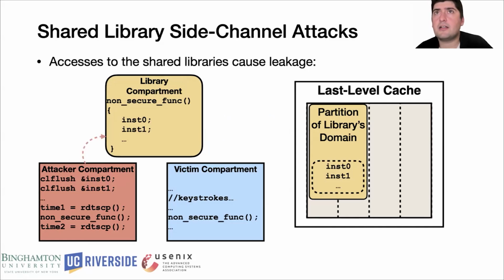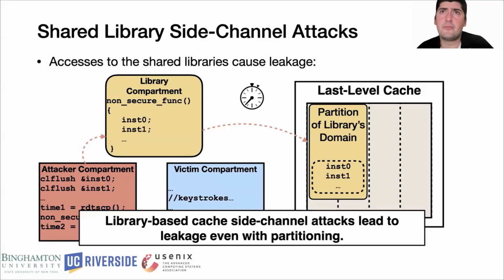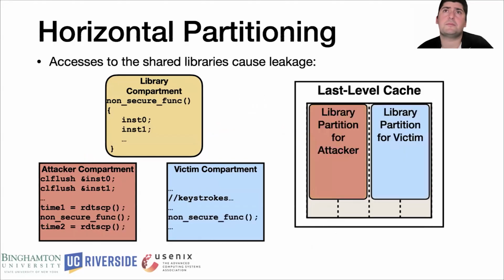Later, the attacker calls the same function with a set of arguments to infer which secret values were used to call the vulnerable function prior to the attacker. Since both the attacker and the victim use the same cache space to call the library function, side channels are still present even with SCC. This shows that such attacks are still possible even under partitioning.